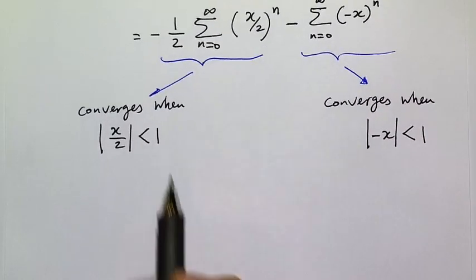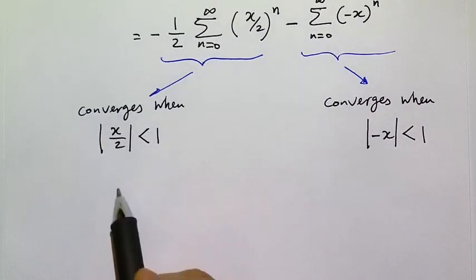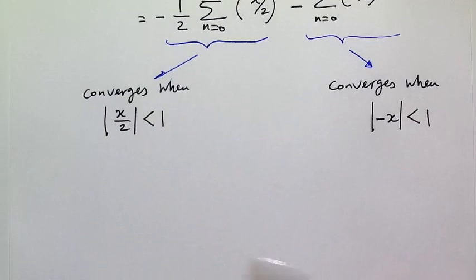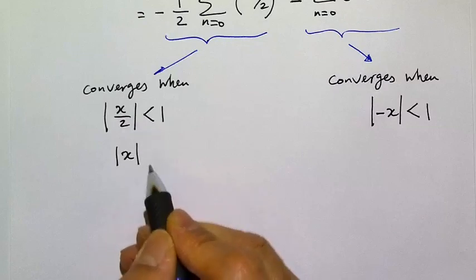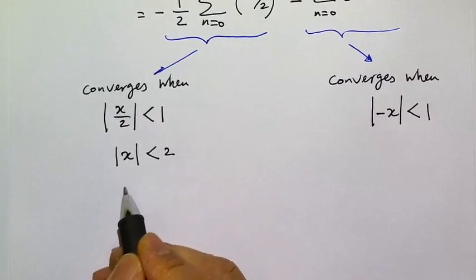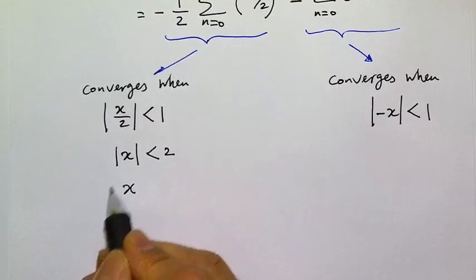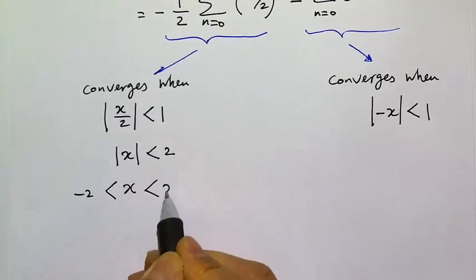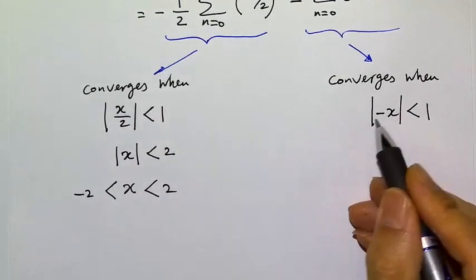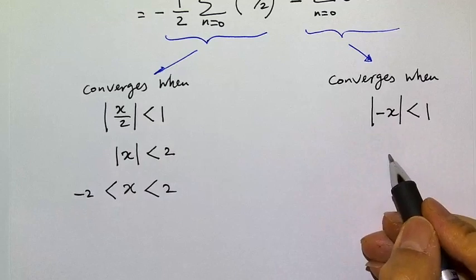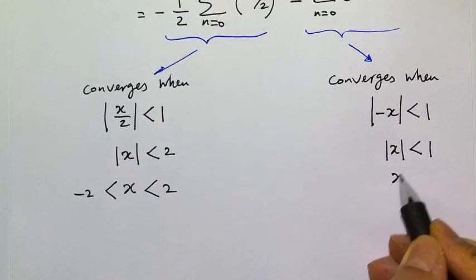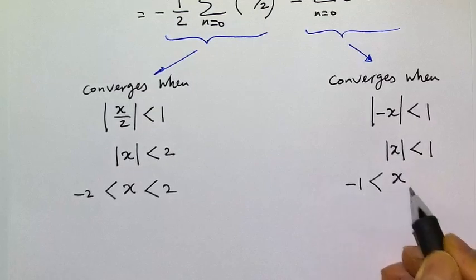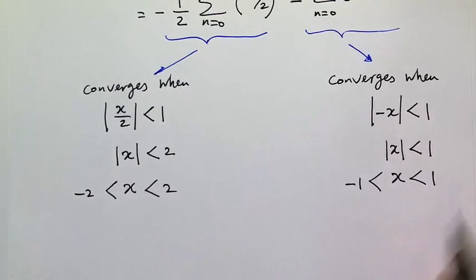Okay, let's solve each inequality for the interval of convergence for each piece. So here we have absolute value of x is less than 2. Therefore, x varies between negative 2 and 2. Here, the negative and the absolute value cancel each other out. We end up with absolute value of x less than 1, and x going from negative 1 to 1.